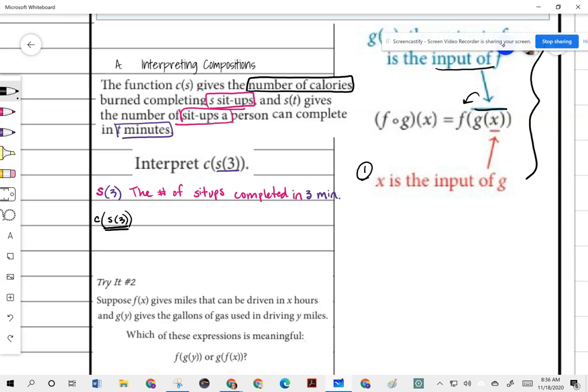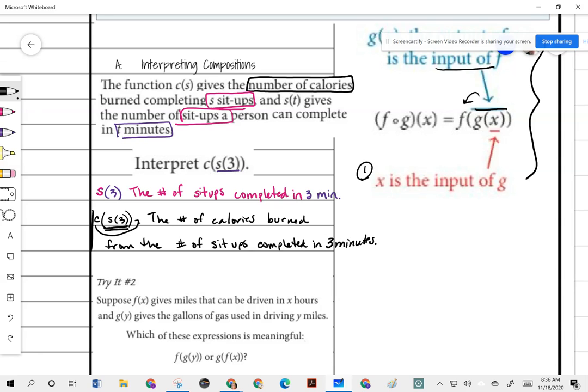Okay. And then we can take a look at the c of s of 3. And if s of 3 is the number of sit-ups completed in 3 minutes, then c is going to be the number of calories burned from the number of sit-ups completed in 3 minutes.